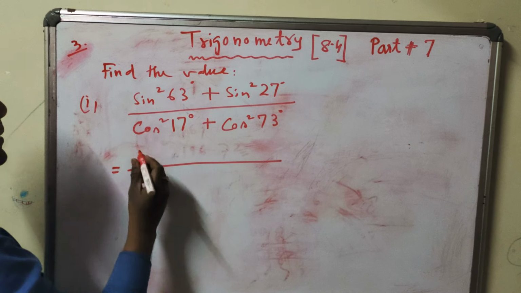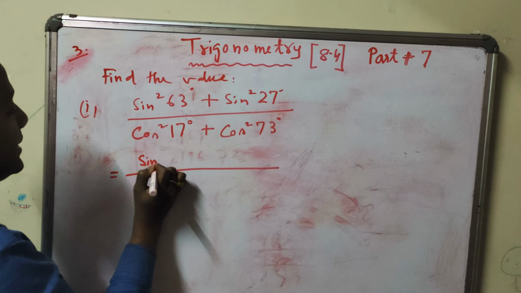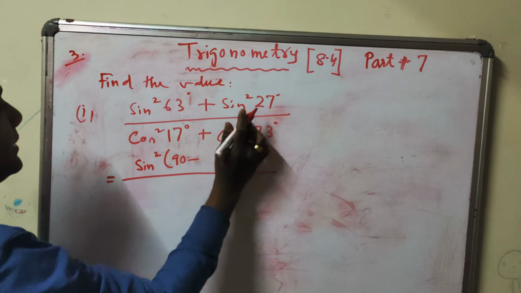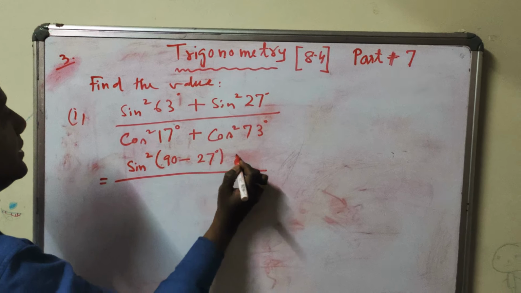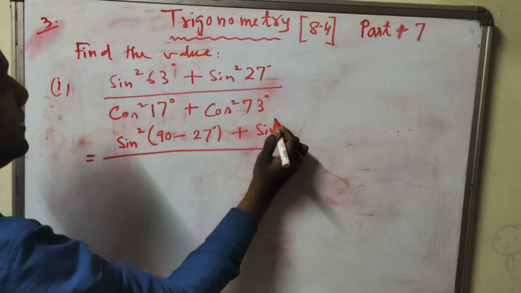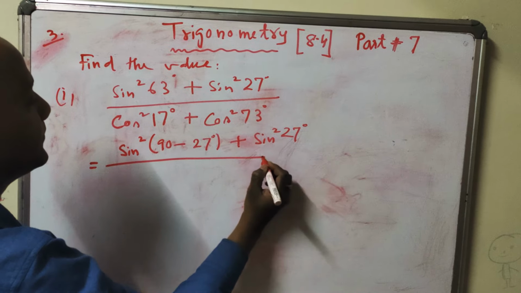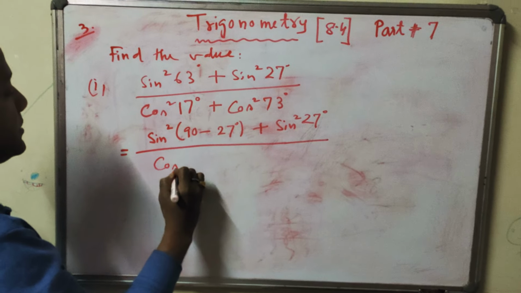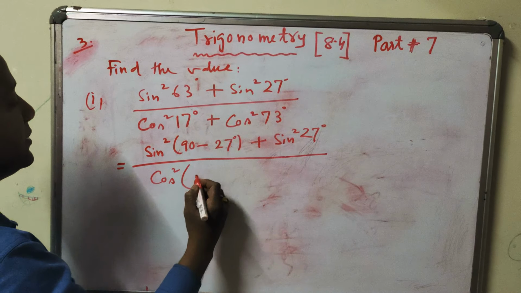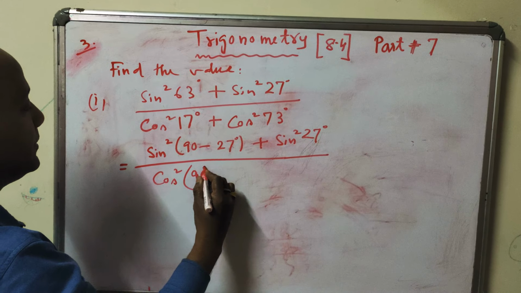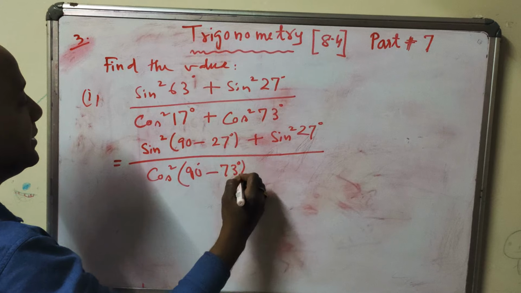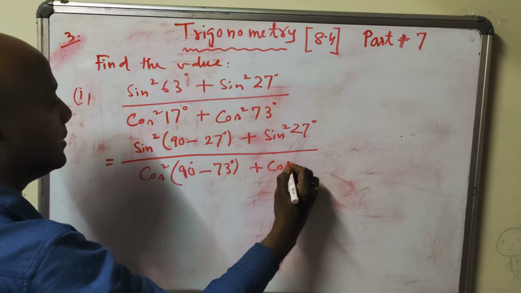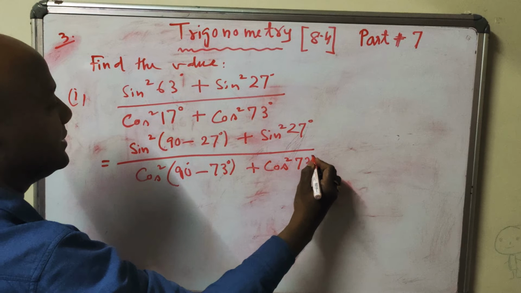So I always prefer to choose the first one. You write sine square, then 63 is what? 90 minus 27 degree, plus sine square 27 degree, divided by, here also there is cos square. This plus this is 90 degree, so 90 degree minus 17 degree, like this, plus cos square 73 degree.